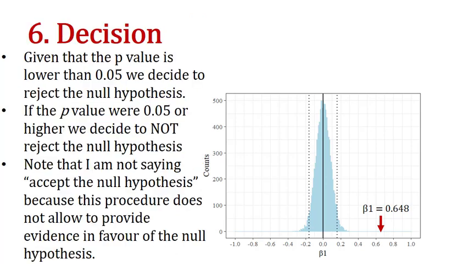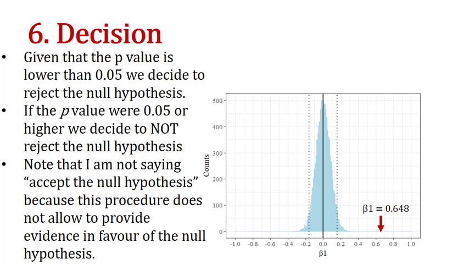Okay, so the sixth step is to make a decision, and the decision is binary. Given that in this case the p-value is lower than 0.05, so it's much lower than that, we decide to reject the null hypothesis.